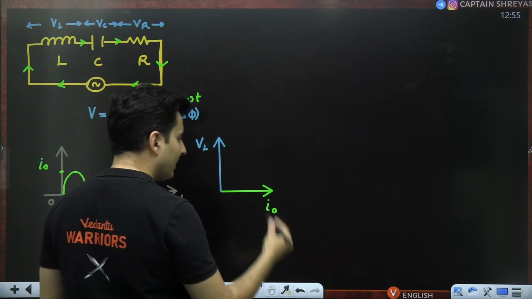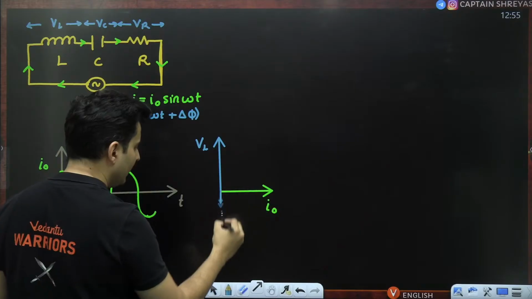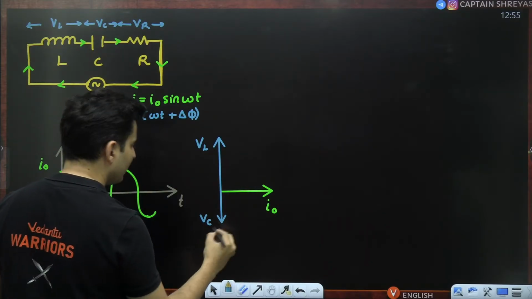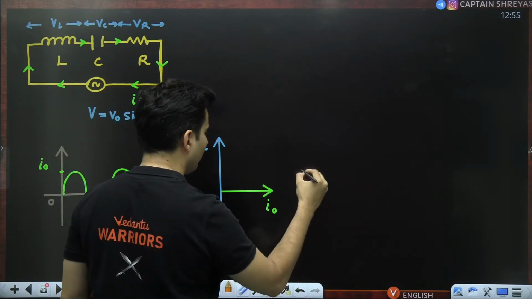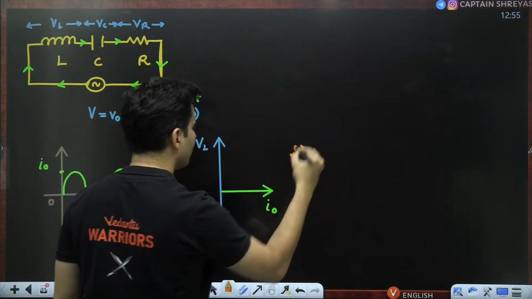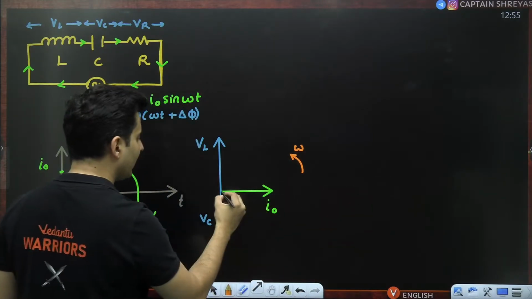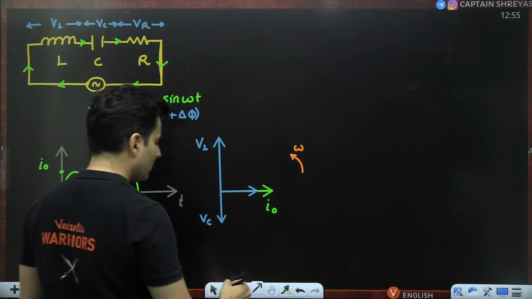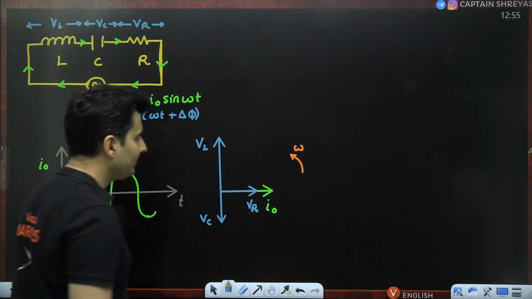Across the capacitor, the current is ahead of the voltage, or the voltage is behind the current, so I will show it like this. Remember, the entire phasor diagram was rotating with some angular speed. For the resistor, the voltage and the current are in the same phase, so I will put it like this.